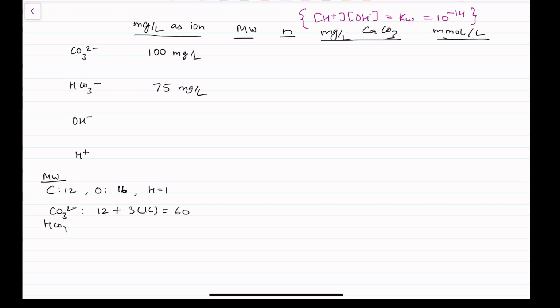For HCO3 minus, it would be 1 plus 12 plus 3 times 16, which is 61.